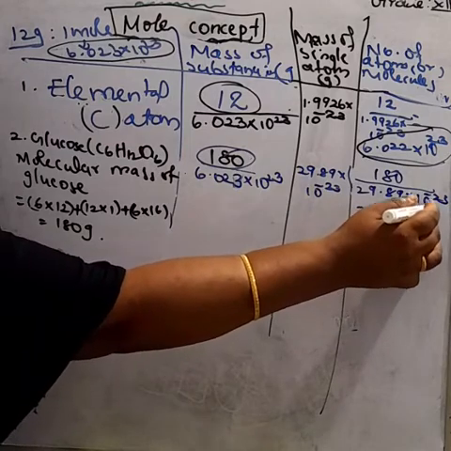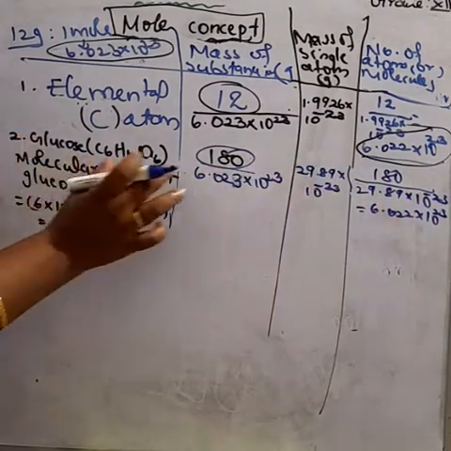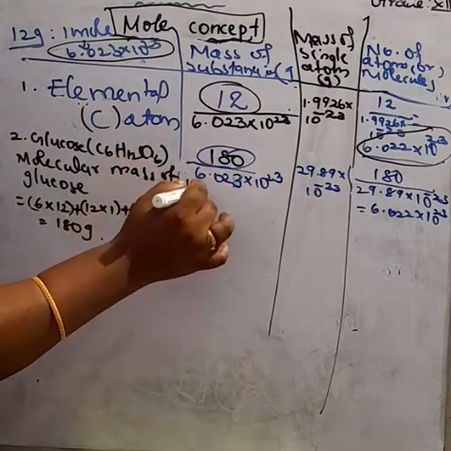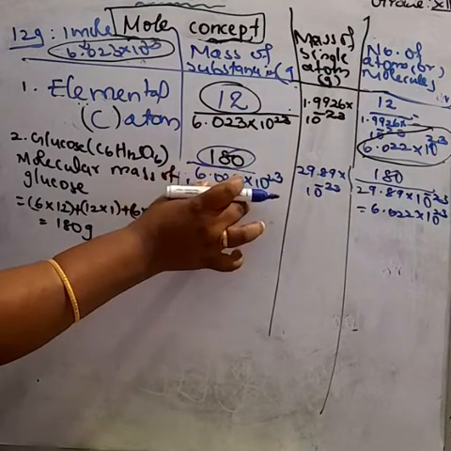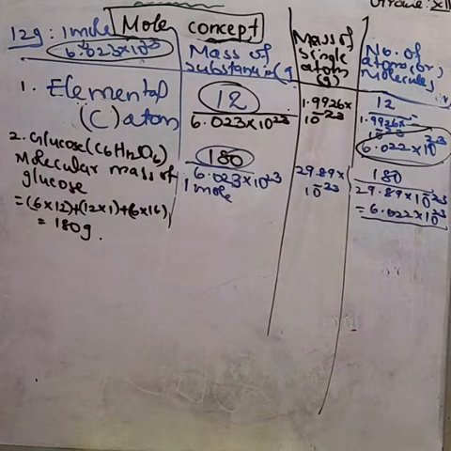So we come to know that this 180 gram of glucose, that is 1 mole of glucose, contains 6.023 into 10 power 23 molecules.